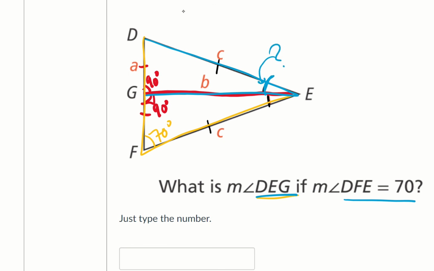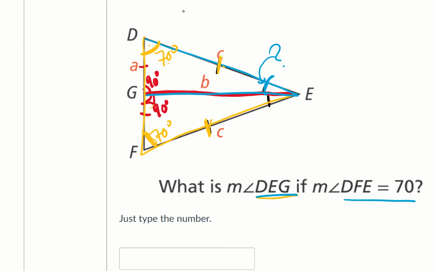Okay. All right. So we know that this orange is 70, and we know that this is 90. And because this is 70 and this is an isosceles triangle, that means that this opposite angle has to be also 70, because these two opposite sides are congruent, and therefore these two opposite angles are congruent. So that's true.